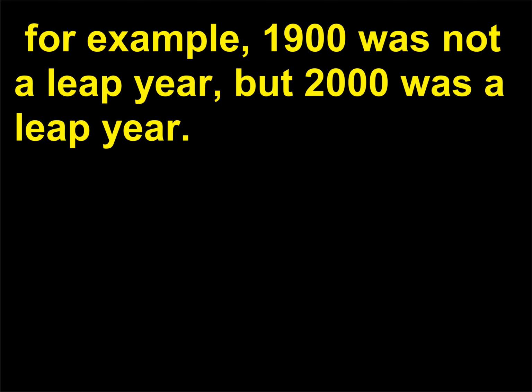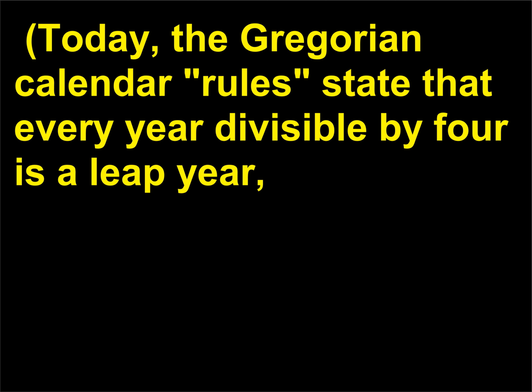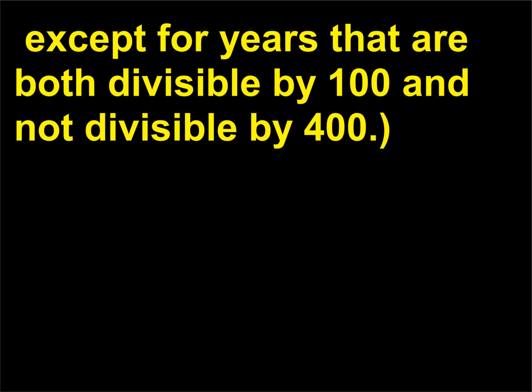For example, 1900 was not a leap year, but 2000 was a leap year. Today, the Gregorian calendar rules state that every year divisible by 4 is a leap year, except for years that are both divisible by 100 and not divisible by 400.